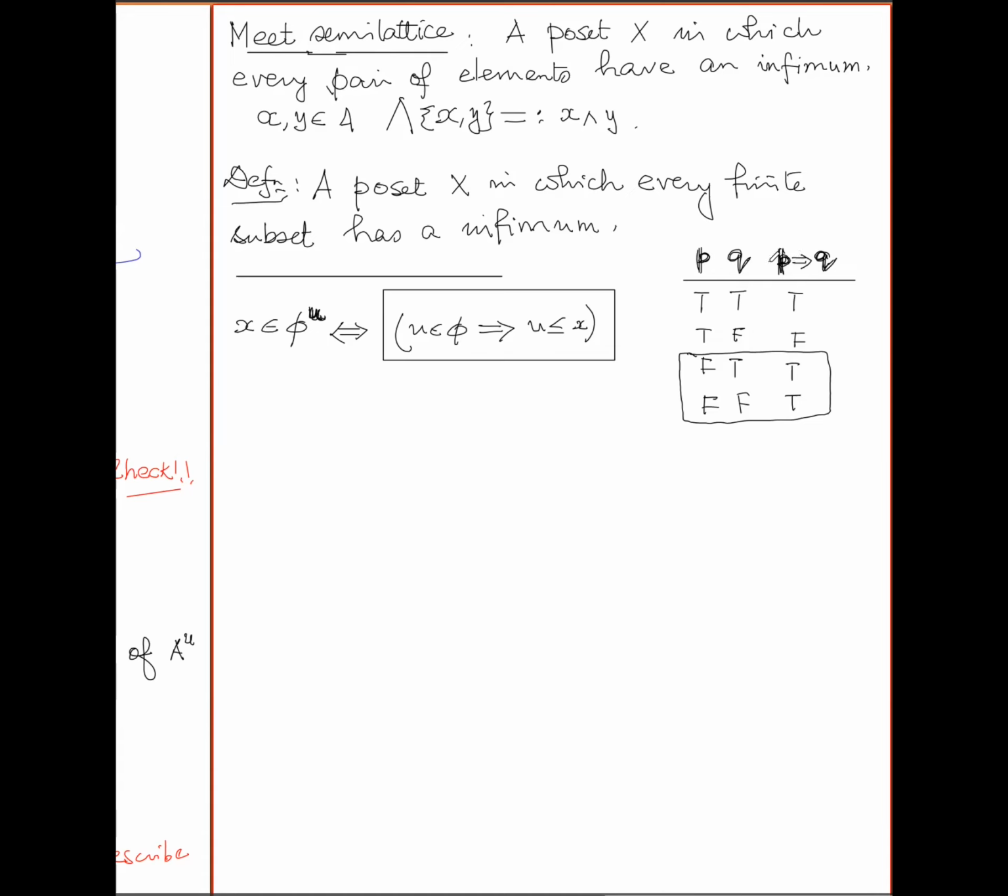if the hypothesis is false, irrespective of what the consequent is, the implication statement is always true. And this is often called the vacuous implication.